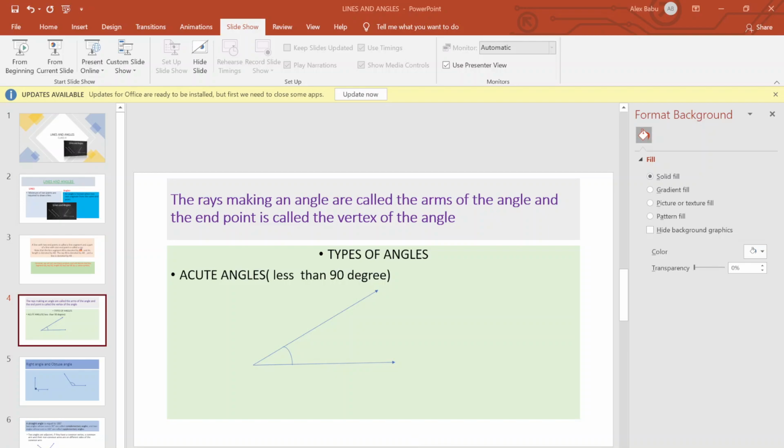The line with two ends is called a line segment, and a part of a line which has one endpoint is called a ray. We have all heard that. Note that the line segment AB is written AB with an arrow above it. It shows that the line is a segment, and its length is denoted by AB.